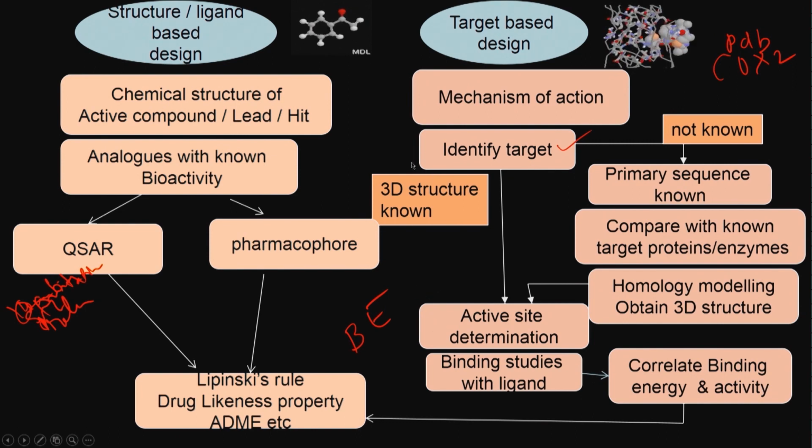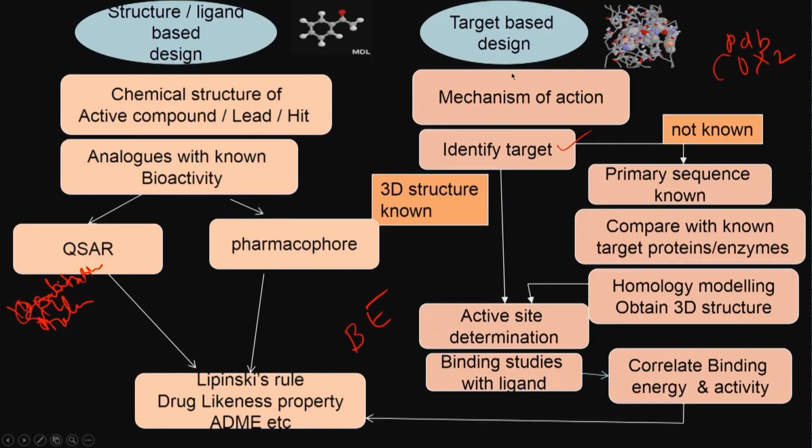So based on the 3-dimensional structure, based on the active site, I will bind the ligand into the protein and calculate the binding energy, and if the binding energy is highly negative, then it is very good. If the binding energy is poor, I will say the binding is not excellent. This is the route if I know the 3-dimensional structure of the protein of interest.